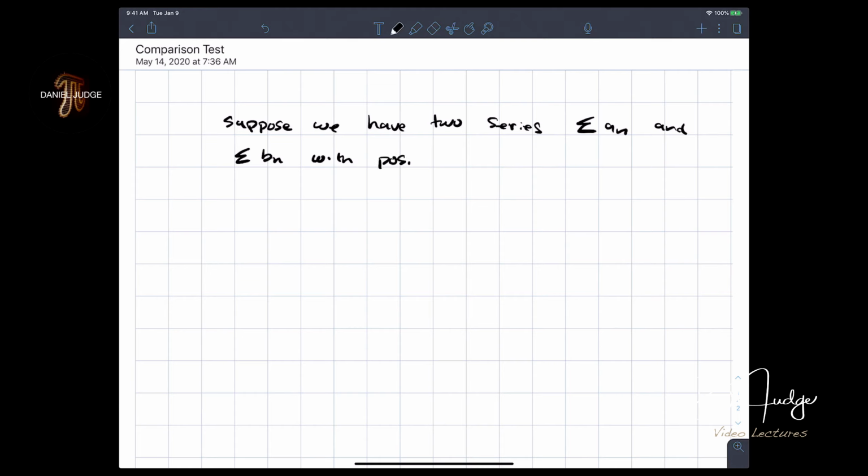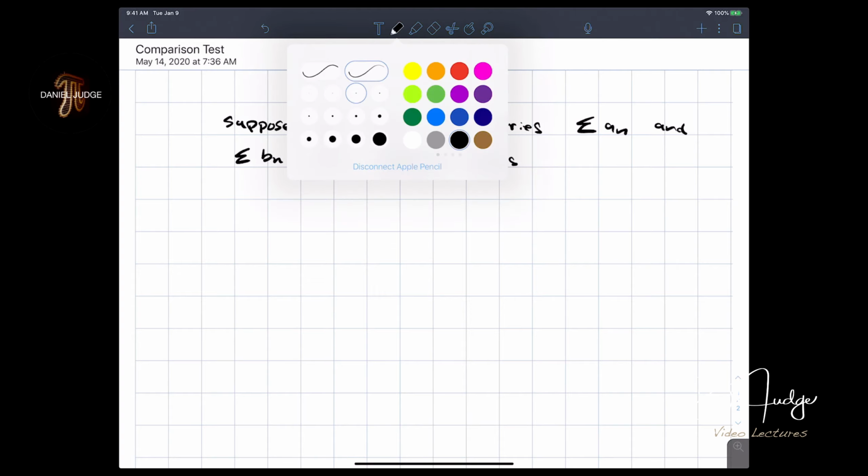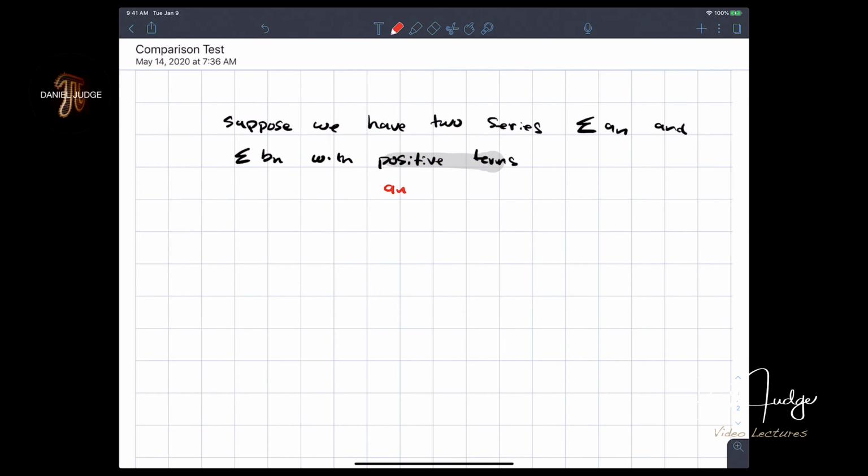And this is an important detail. Now, to say that they have positive terms here, here's really what this means. It means that a_n is greater than 0 and b_n is greater than 0, and we say this for all n. So they're referring to the terms of your series here and here. They want those to be strictly positive. And that's the assumption here.